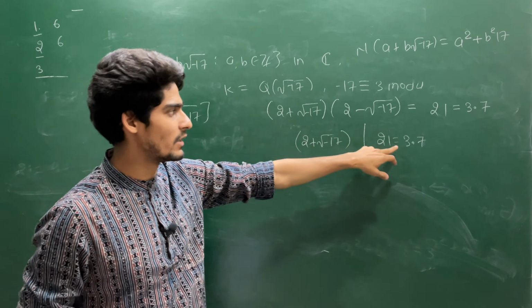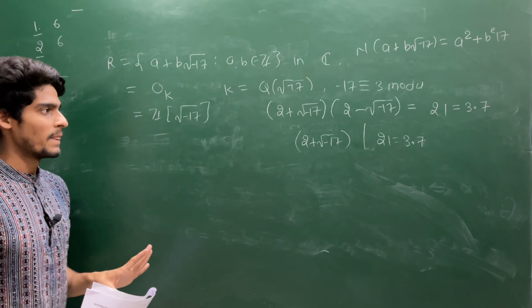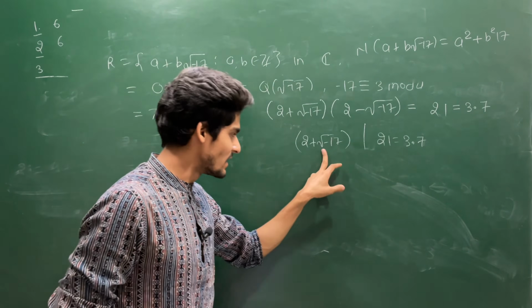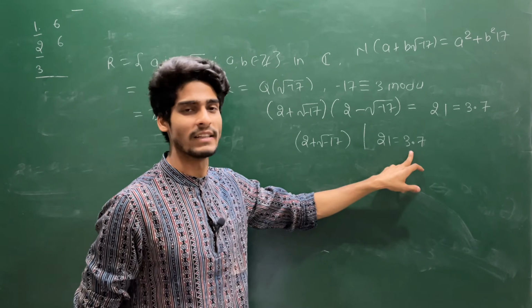This into this is equal to 3 into 7. That means this element is dividing 3 into 7. If it is a prime element, then it will either divide 3 or divide 7. But I am claiming this element does not divide 3 and 7 both.